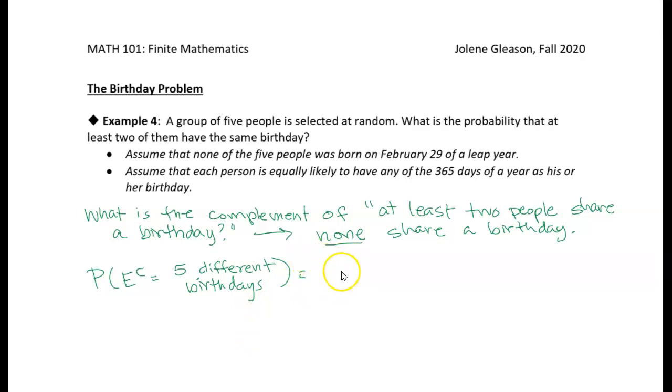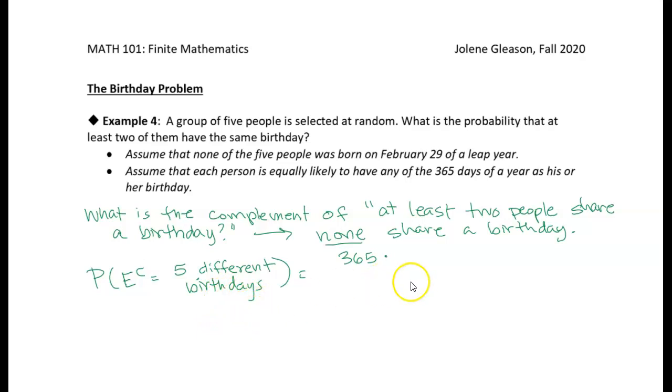So our numerator is the number of ways that this event can happen, the number of ways that people could have 5 different birthdays. If we think about the first person, how many possible birthdays could they have? They could have any of 365 different birthdays. The next person, we don't want them to have the same birthday as the person before, because we're only counting the event where they have 5 different birthdays.